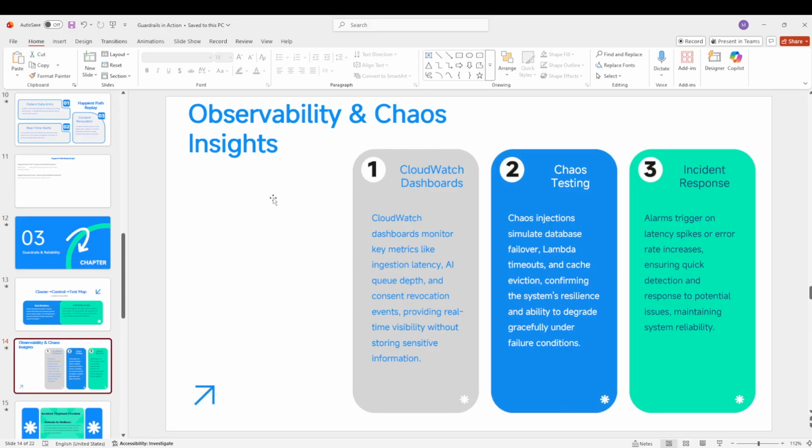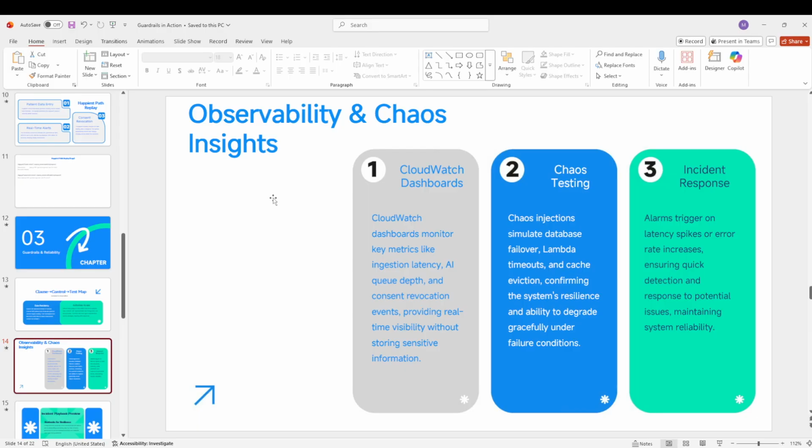During chaos testing, we simulated database failover, Lambda timeouts, and cache eviction, confirming the system's resilience and ability to degrade gracefully under failure conditions.